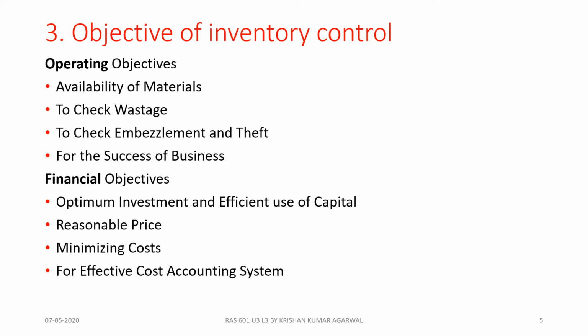Another kind of objective is the financial objective associated with inventory control. Some of these objectives may be described as: one should take care about optimum investment of capital and efficient use of capital while acquiring the inventory.